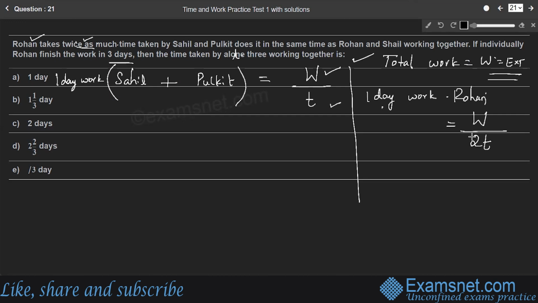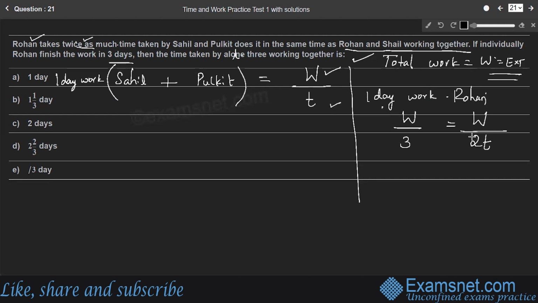So individually Rohan can finish the work in 3 days. Therefore, his one day work becomes W by 3. Totally, he takes 3 days of time.